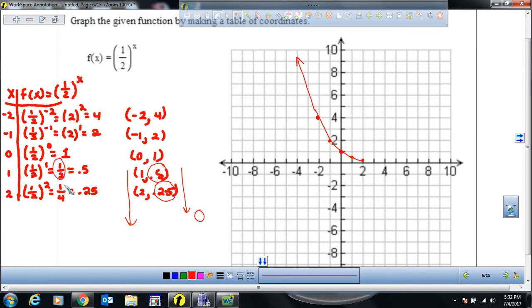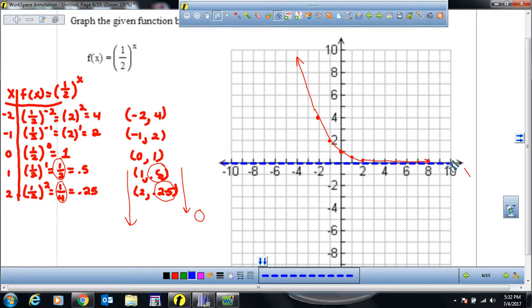So the fraction is getting smaller as we increase the value of x. That means this graph is going to keep approaching, approaching, and approaching, but it will never get to y equals 0, which is my x-axis. Which again, we can say that this function has what we call a horizontal asymptote at y equals 0.